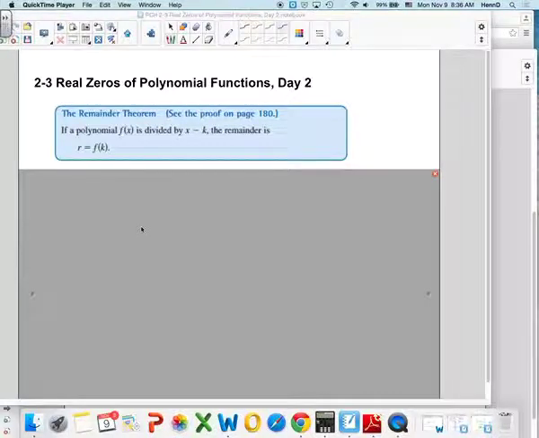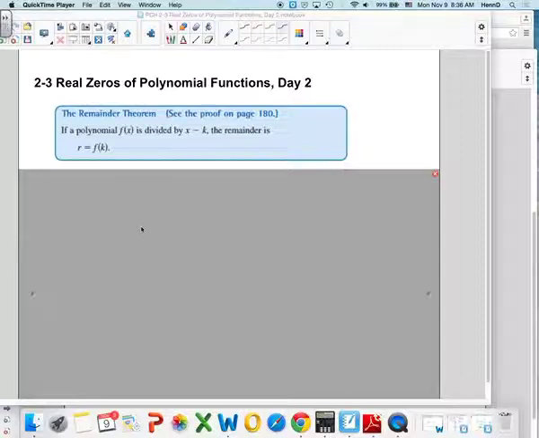Today, as we finish off section 3, I want to make a connection here, an application really, to using our synthetic division. We have the same process that we use for synthetic division, and what we can do is use what's called the remainder theorem.